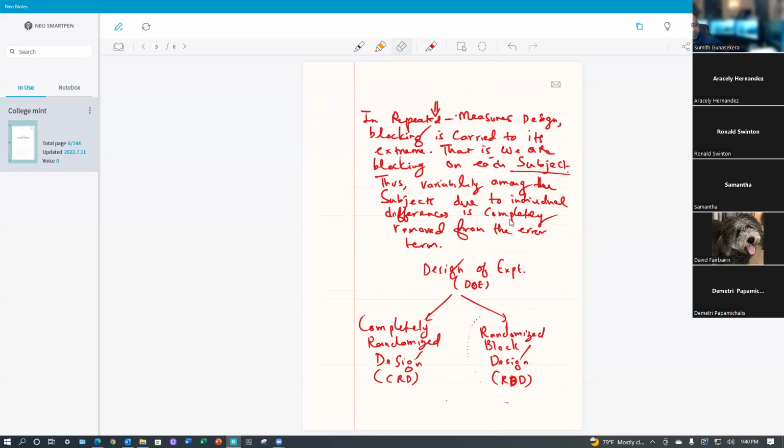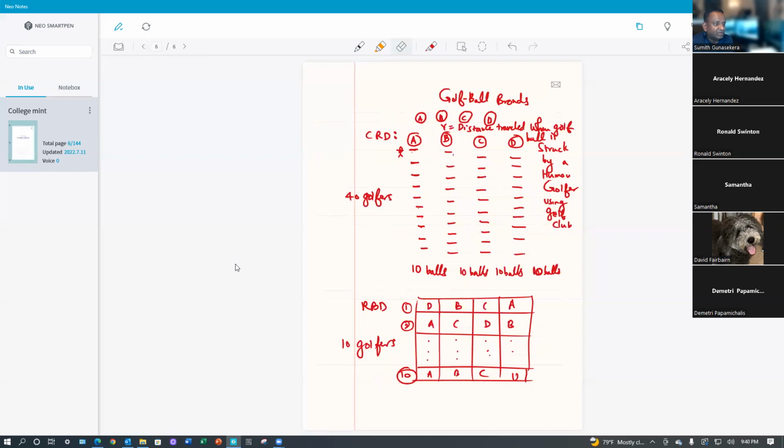So that variability will be completely removed when you design your experiment this way. On the other hand, you can even utilize only a few golfers to get this done. So that's the major reason we are doing this, to suppress the differences among the individuals within that given group.